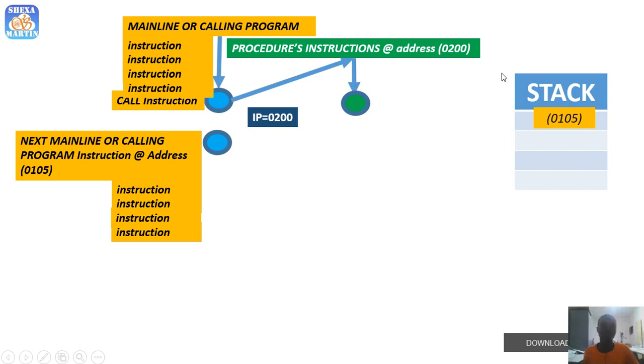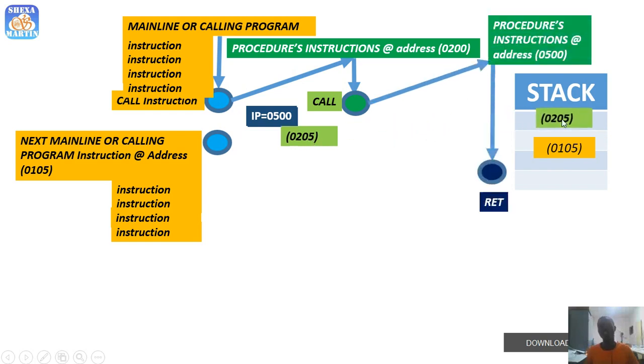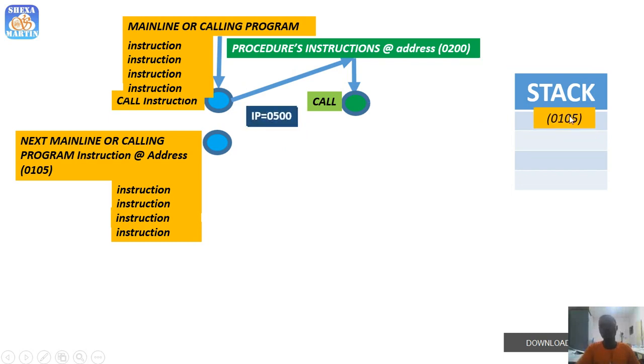See that on call, IP is populated with 0500, which is the address of the other instruction that was to be executed. So 0205 is the address of the next instruction to be executed after the call instruction.